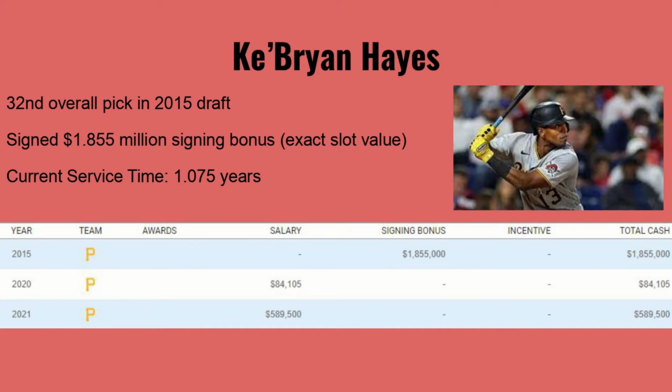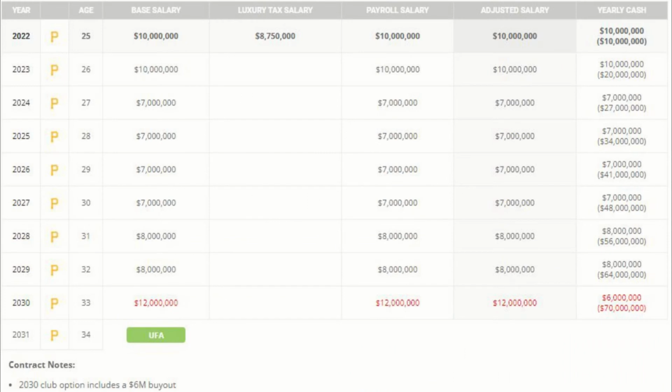Hayes was only part of the Pittsburgh Pirates Major League roster that year for the month of September, so that's his value from that contract. 2021 was his first full year in the major leagues in terms of pre-arbitration contract, where he made nearly $600,000 that season. Before the 2022 season, Hayes signed an 8-year, $70 million contract with a club option for a 9th year with the Pirates.